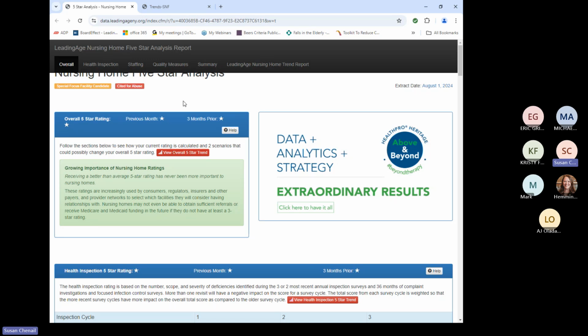Essentially, these five-star reports provide an analysis of your five-star rating. It begins with the overall rating, and there's a summary of how that overall rating is calculated at the bottom of the report.